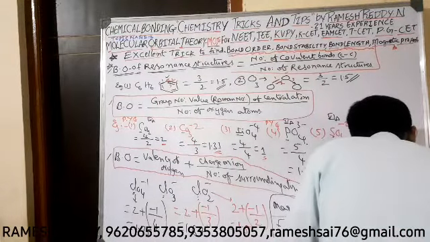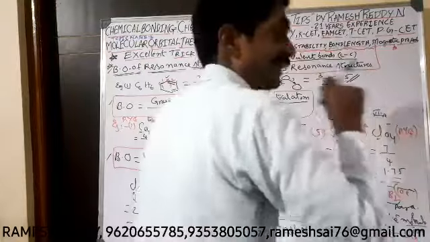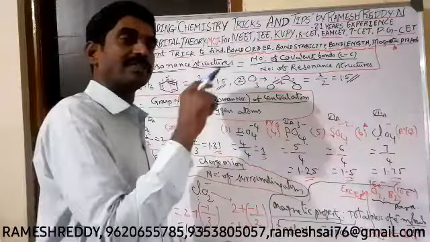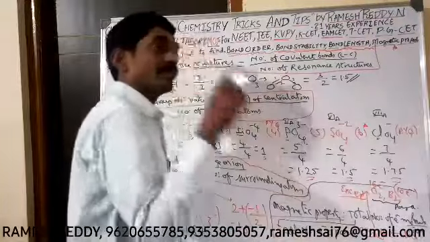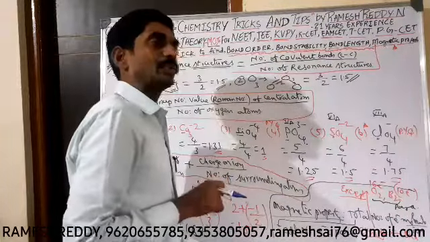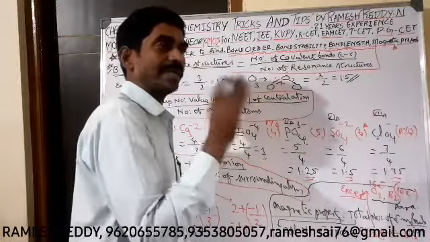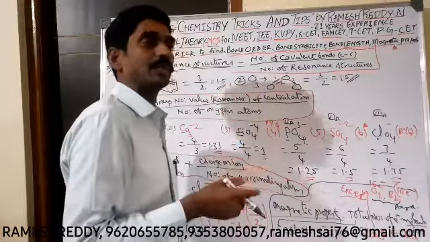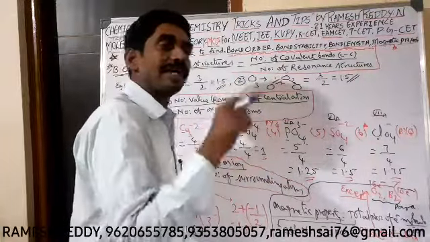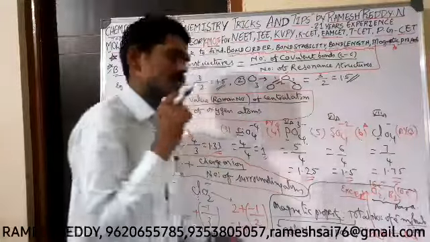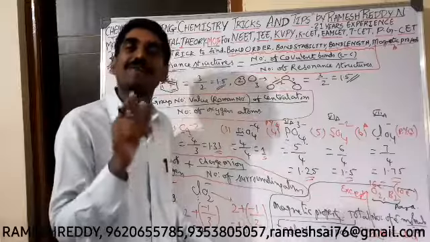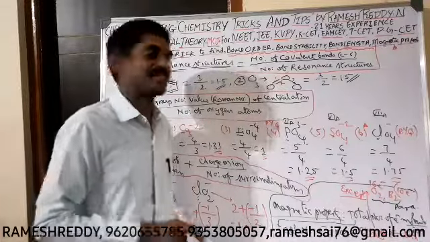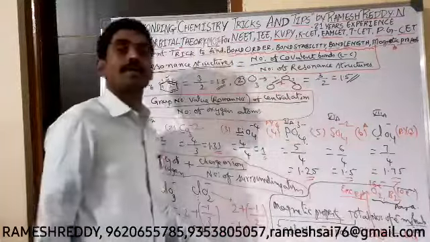Why? Because if you write the electronic configuration according to MOT, for O2 the last 2 electrons enter the anti-bonding pi orbitals, that is pi star 2px1 and pi star 2py1. So 2 unpaired electrons, that's why these two are para.